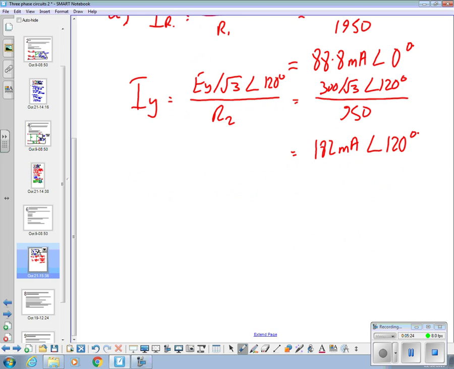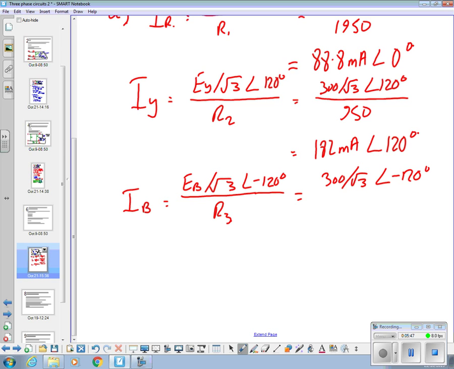And lastly, IB must be EB over root 3, angle minus 120, over R3. That's 300 over root 3, angle minus 120, over 3770, which comes out at 45.9 milliamps, angle minus 120 degrees.